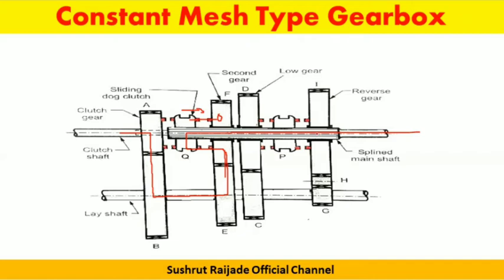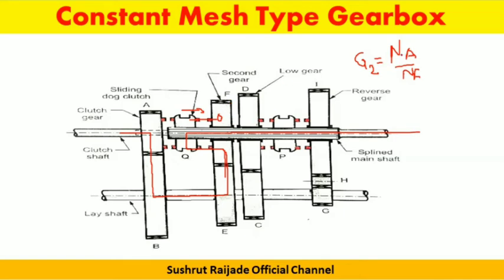Now for this, the gear ratio, let's say G2, equals NA upon NF. This means gear A is the input gear and gear F is the output gear.